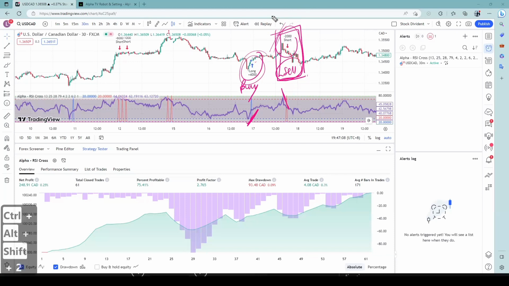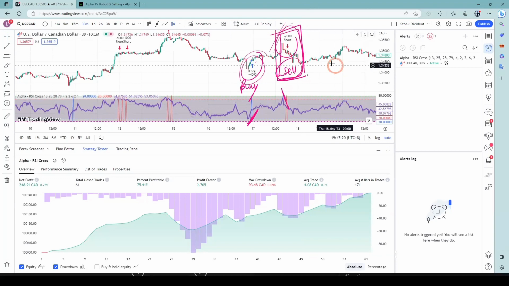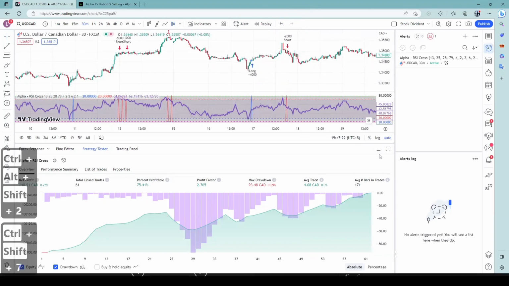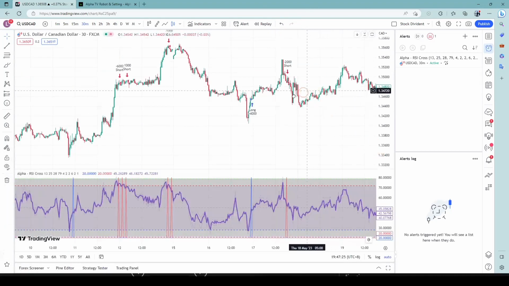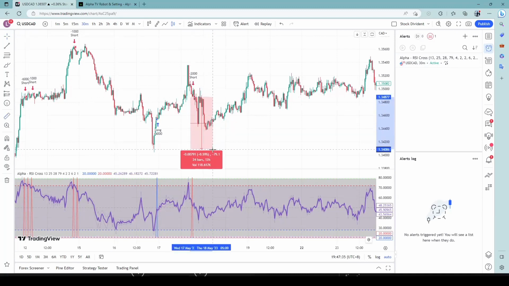Now the way to do the take profit. Take profit is by default set up here already. Like what I am setting here, take profit and stop loss at 2% and 1%. Based on this market, USD CAD, if I would like to set a take profit for a sell, then the take profit is from here, coming down 2%.